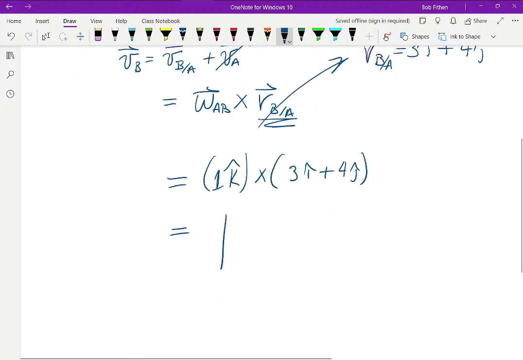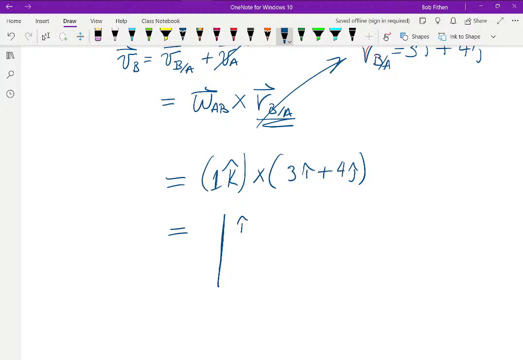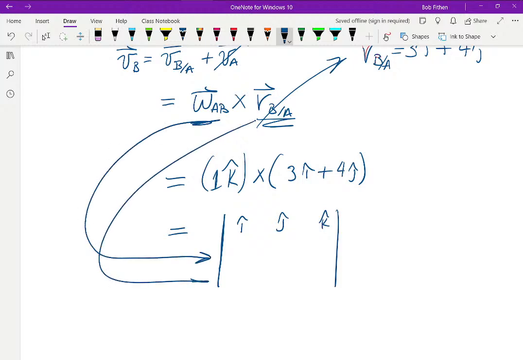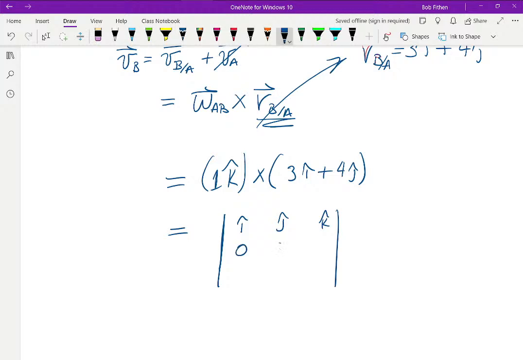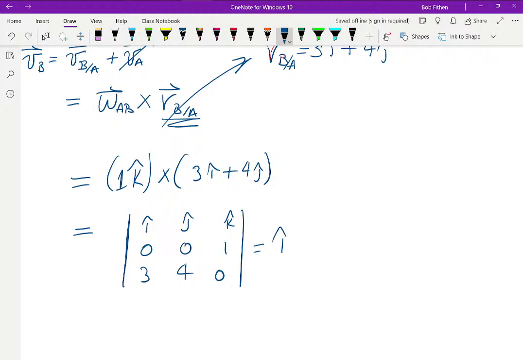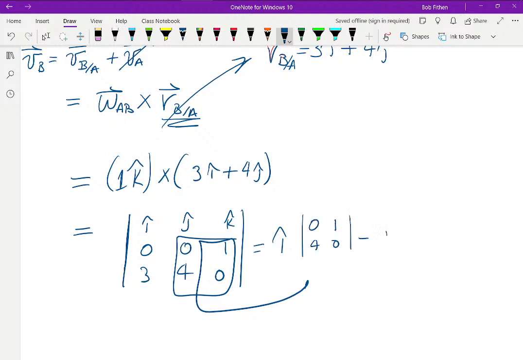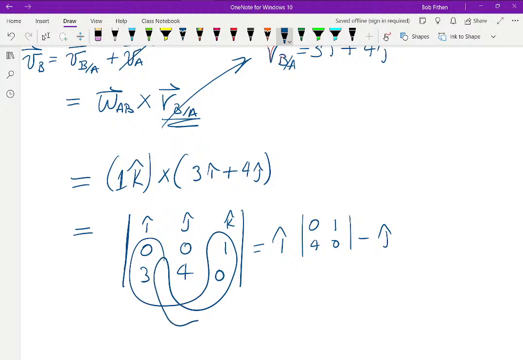Now, the other way you can do it, and this is what I like to do, list the first row as this one, and the second one here. And so it'll be 0, 0, 1, 3, 4, 0. And then you can do a cofactor expansion. Take this one, put here, minus j. If you're taking a j, you take this and this, put there, 0, 3, 1, 0.